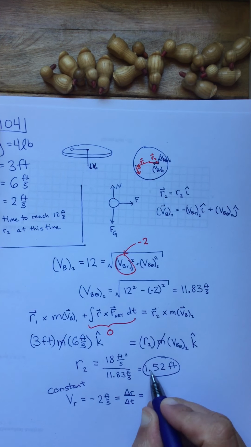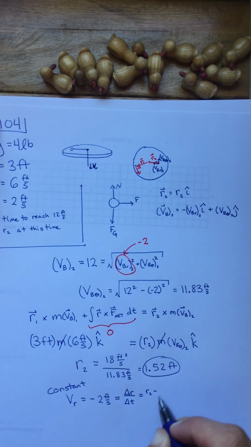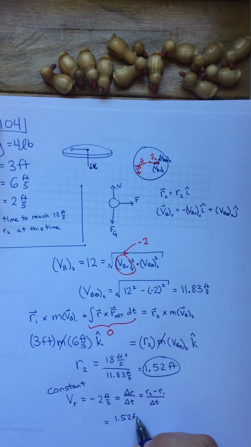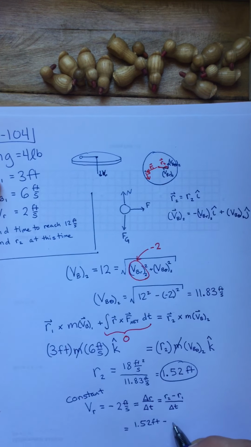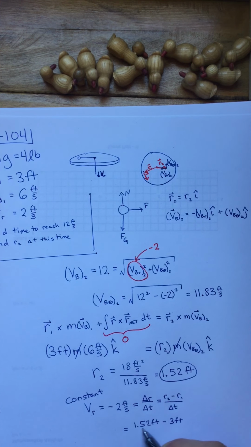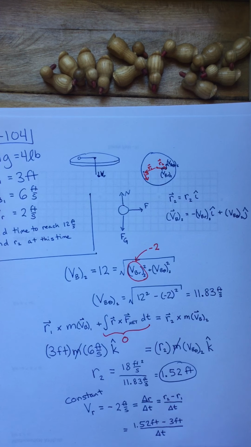I ended with r2 being 1.52 feet. So I'm going to do r2 minus r1 over delta t. That's 1.52 feet minus, we started at 3 feet, divided by the time. Oh, the time is what I'm looking for. So that's just delta t. This is equal to negative 2 feet per second.